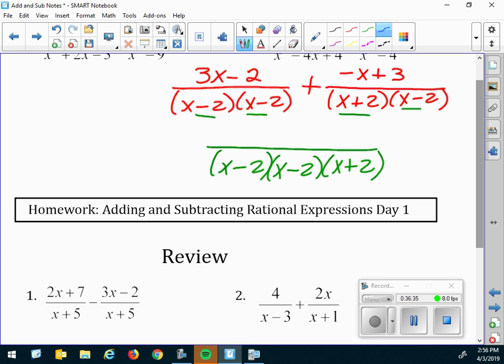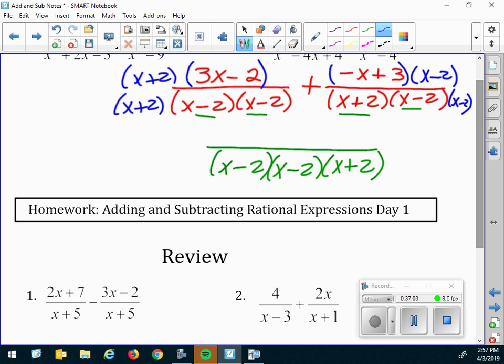X plus 2. Good. And please put that in parentheses. What's the second fraction need? An x minus 2. Good. You're doing well.